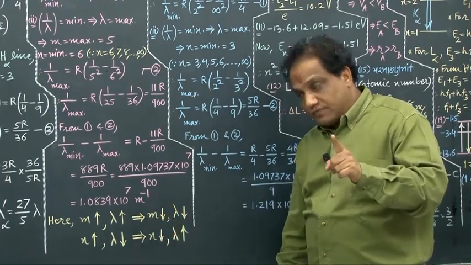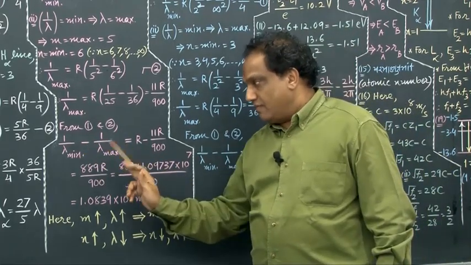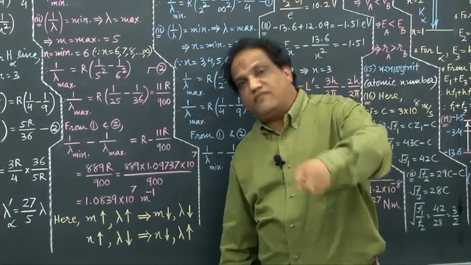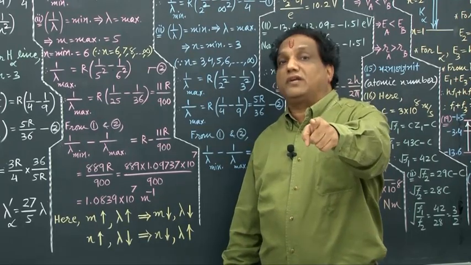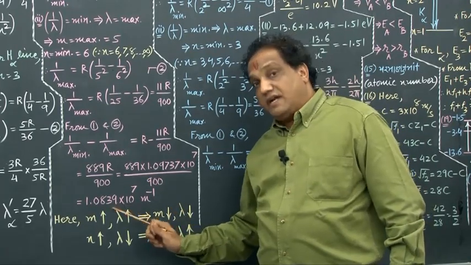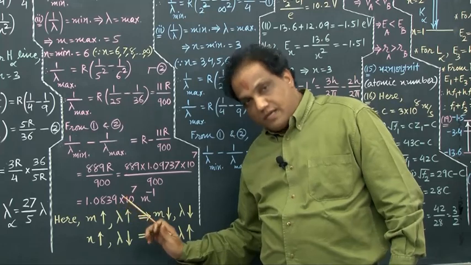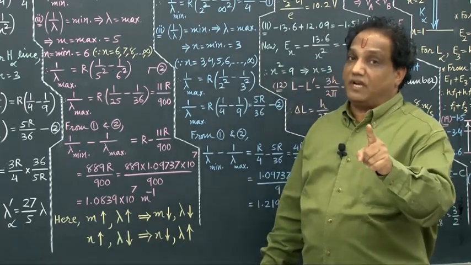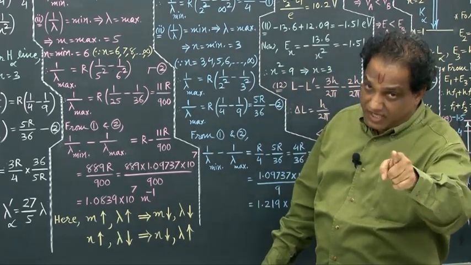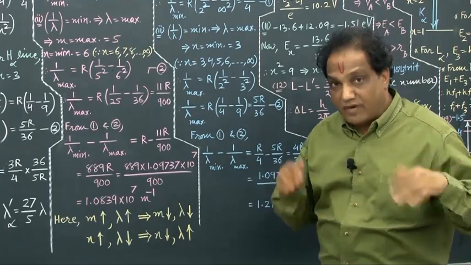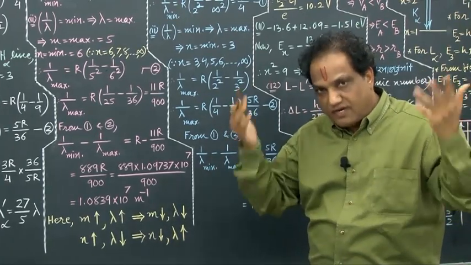So if you want this difference in wave number among all the 5 spectral series of hydrogen atomic spectrum, then this is the right answer. Okay? But now if you are specifically talking about only Balmer series, then that answer would be different. How much? Let us find out.